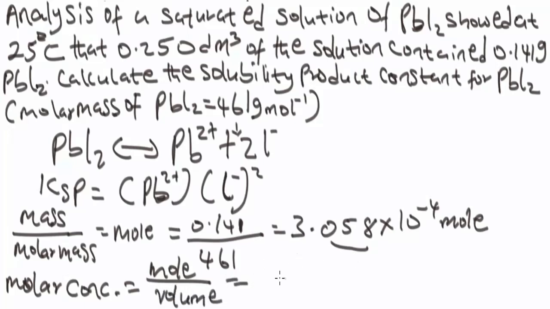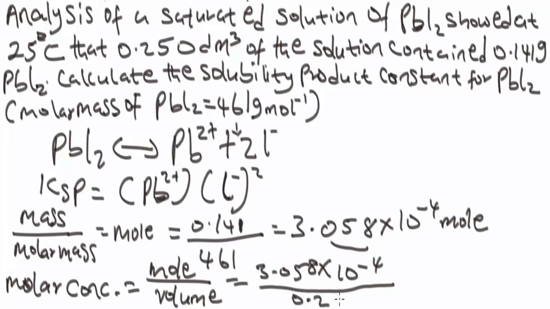So when you put the value, you're going to have 3.058 times 10 to the power minus 4 all over the volume, which in this question is 0.250 dm cube.